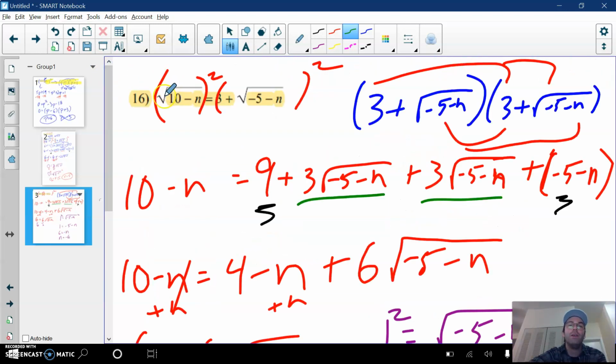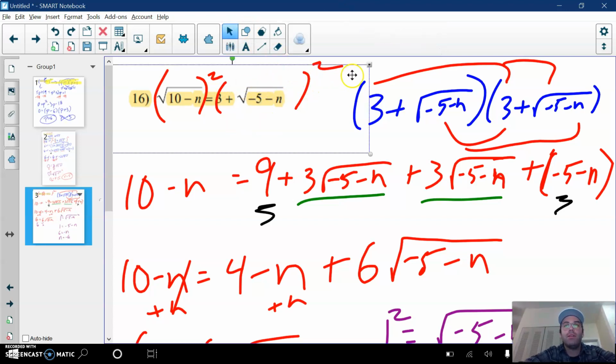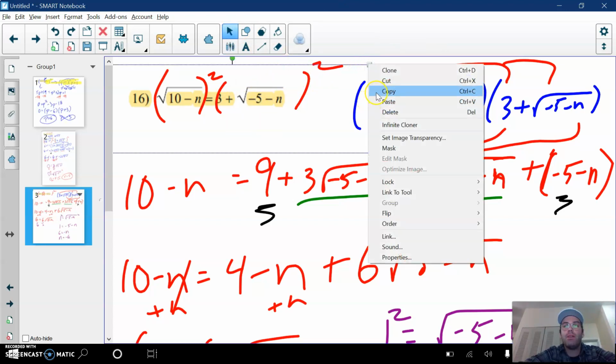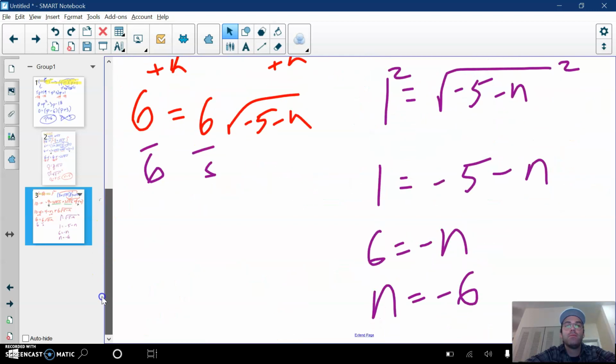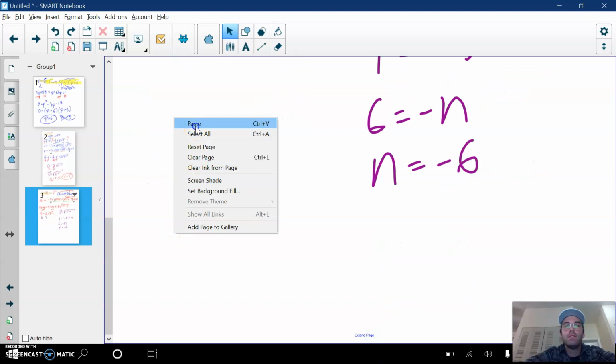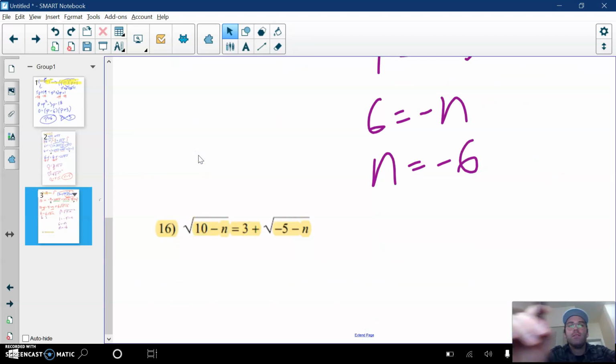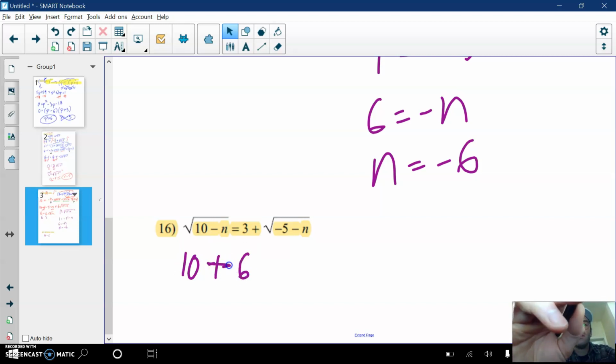All right, so 10 minus negative 6 is going to be 16, right? Let's get techie with it. I'm going to copy and paste. So 10 minus negative 6 gives me root 16 on the left.